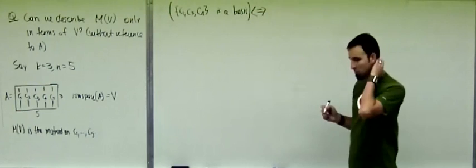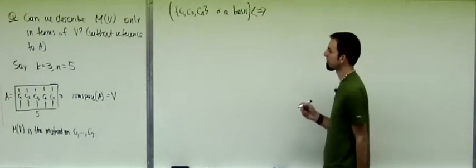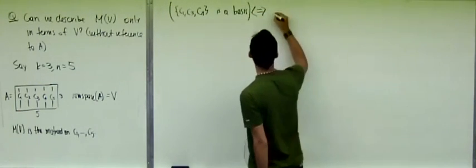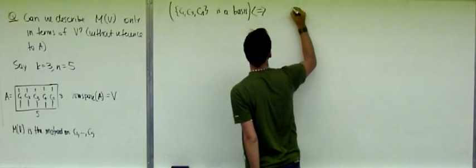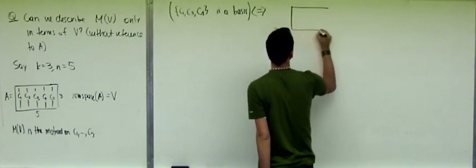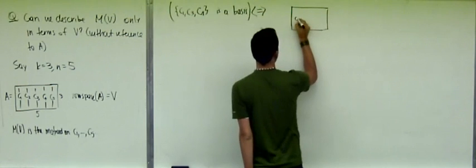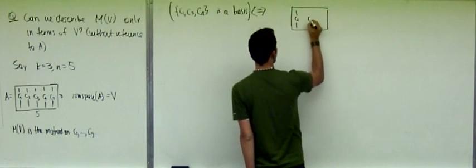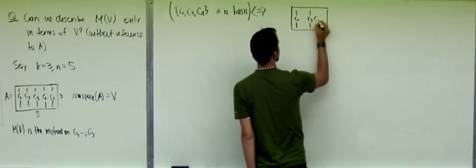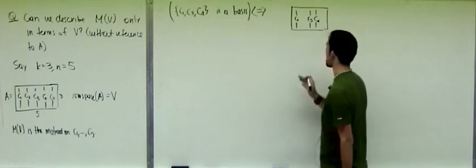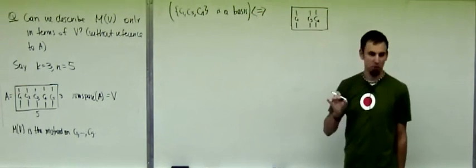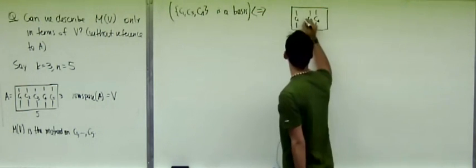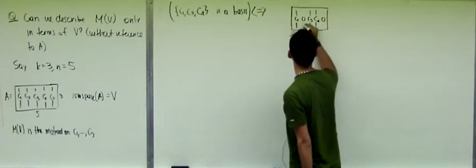Well, here's one way in which you can do this. Let's look at the matrix A and only pay attention to those columns, C1, C3, and C4. And instead of putting C2 and C5, we're going to put 0 columns there. Here's 0, and here's 0.